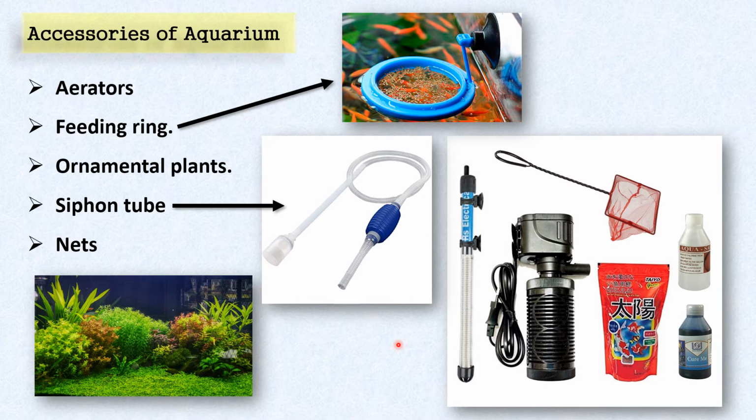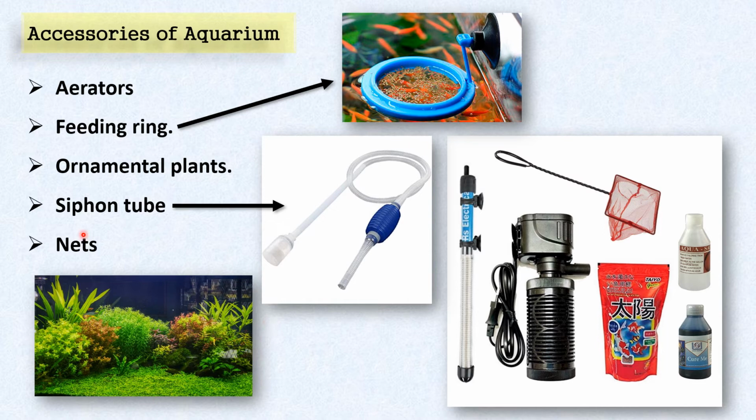When we put artificial ornamental plants, the maintenance will be very little. But we can also maintain real ornamental plants inside the aquariums. It needs more skill and more dedication to maintain them. But when we maintain real ornamental plants, the aquarium looks more beautiful.